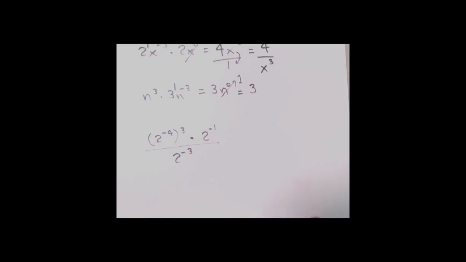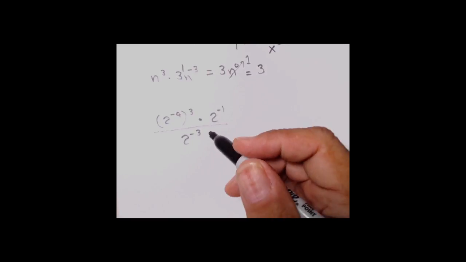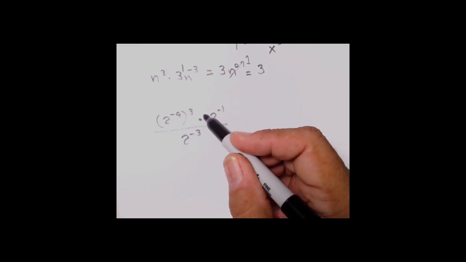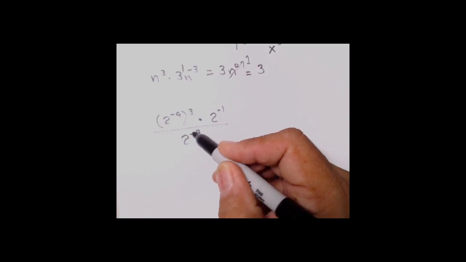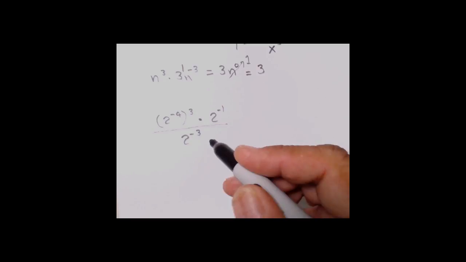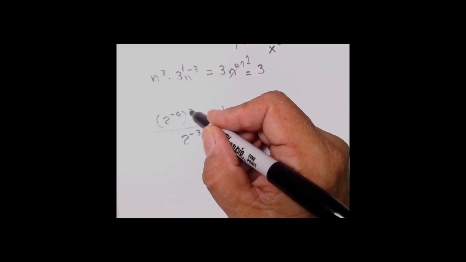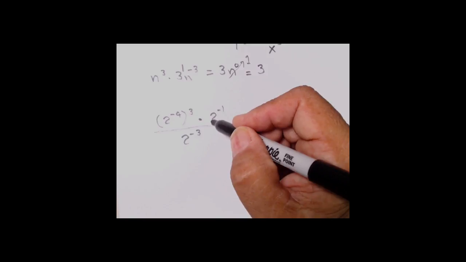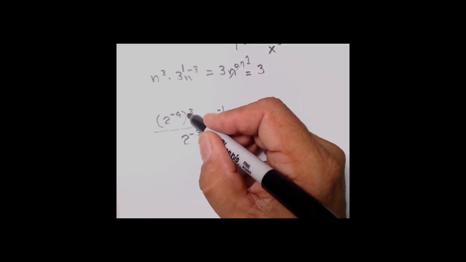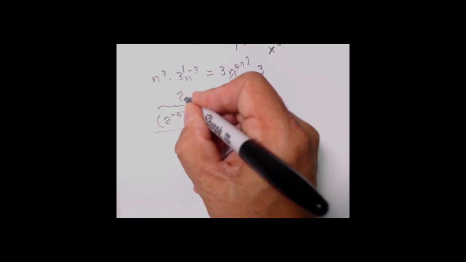Okay, a little bit more work now with some of these guys that have negative exponents and fractions. First thing you want to do is simplify the numerator and simplify the denominator. Denominator is simplified, but the numerator isn't. We've got this power to power here, and we have to do it first to see exactly what the exponent of this 2 is going to be. Well, remember, power to power we multiply, so this is going to be 2 to the, what do we got?